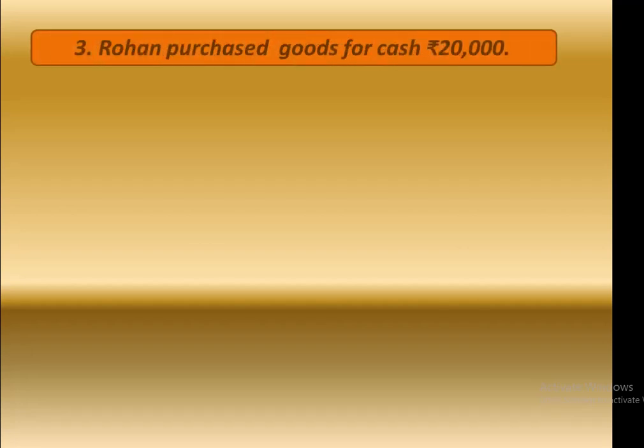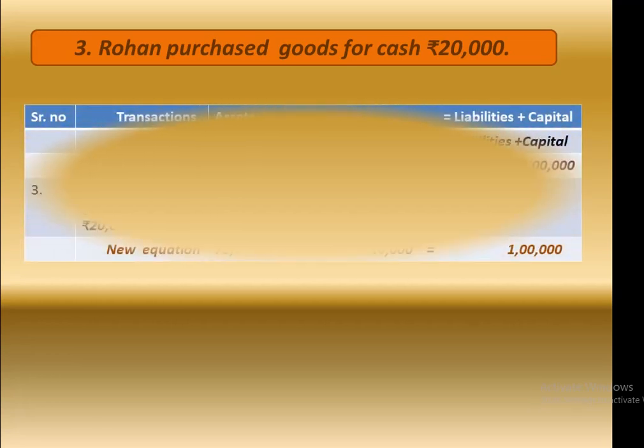Next, Rohan purchased goods for cash. It means the balance of cash is reduced and another asset, that is goods, has come into existence, leaving the total amount of assets unchanged.